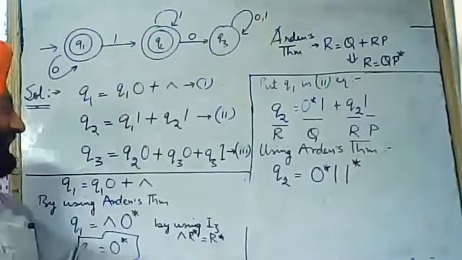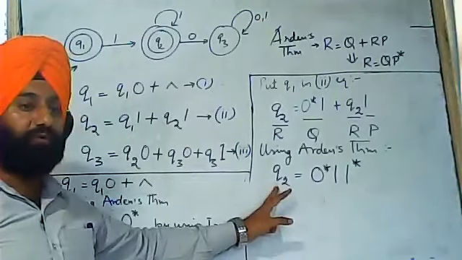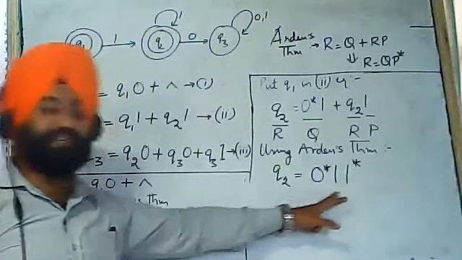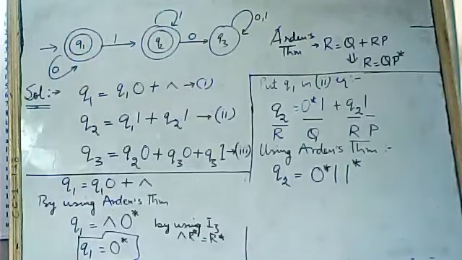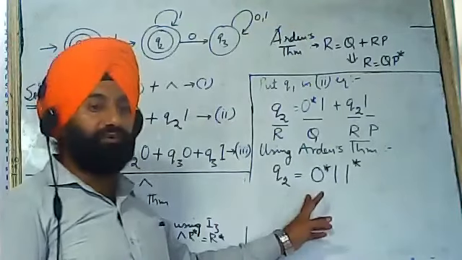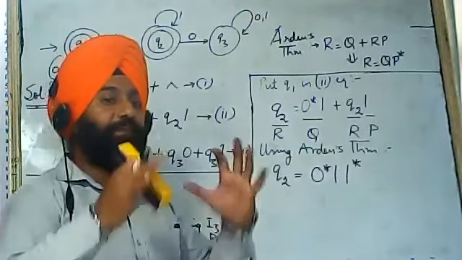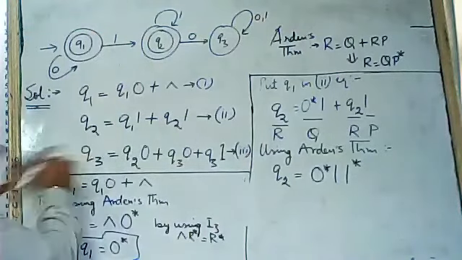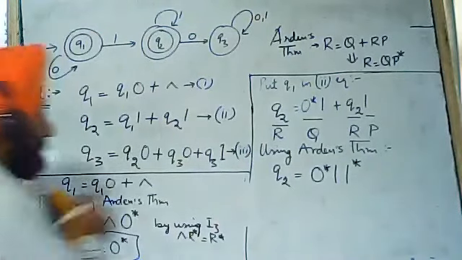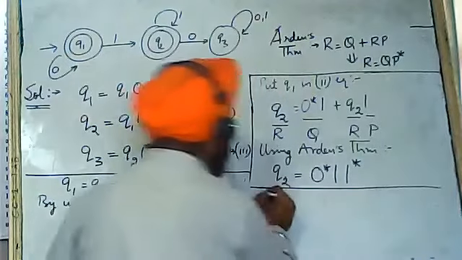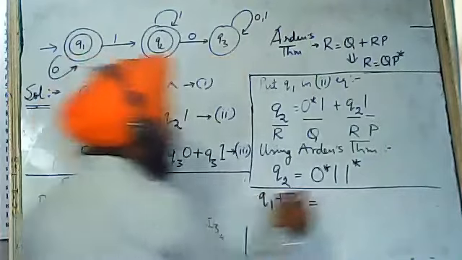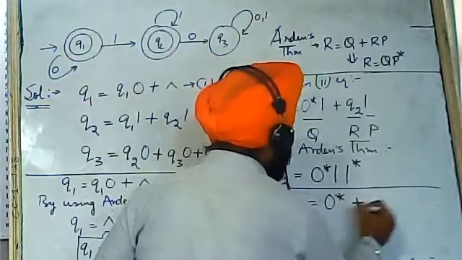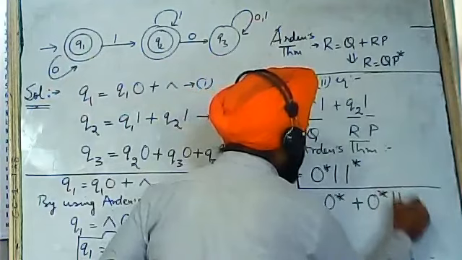So here you can find that Q2 will consist of terminals only, right? You have found the value of Q1, you have found the value of Q2. Now just club it. So Q1 plus Q2 is equal to 0 star plus 0 star 1 1 star.